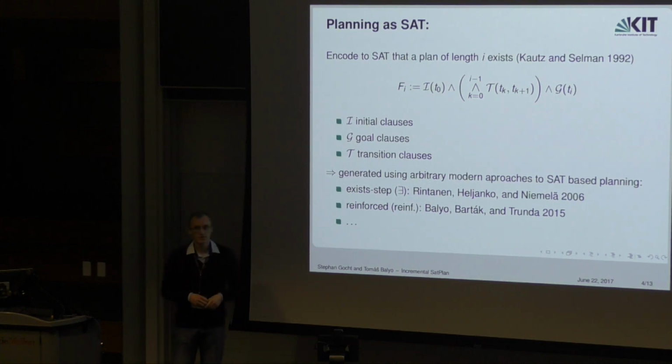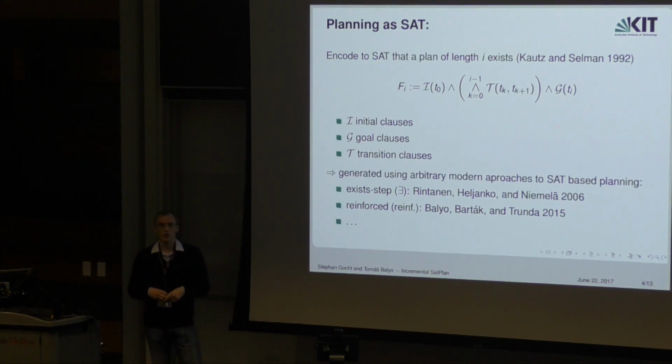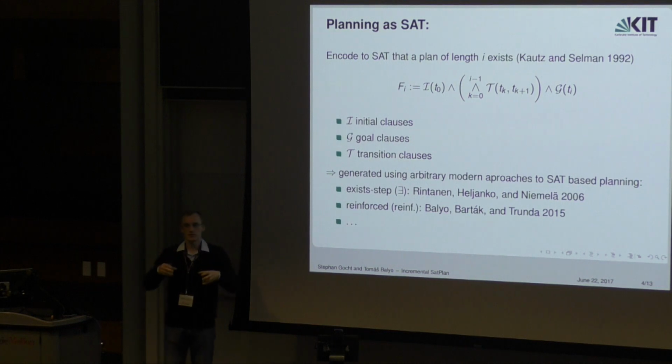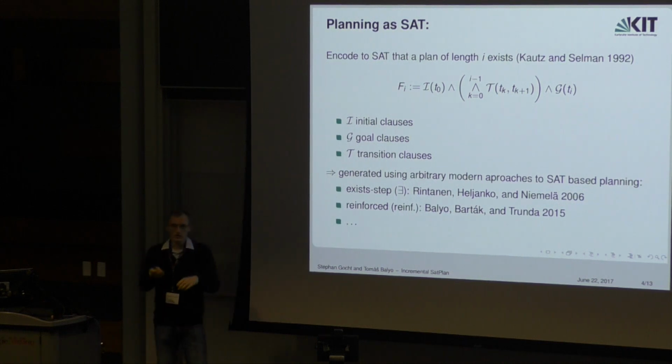The same for the goal state. And then we have transition clauses that describe how we can manipulate the state, like with actions. And then we have these kinds of clauses, and we can use them to construct the formula. This is a general formula, but I'll have an easier to understand example later on, so don't care too much about it.